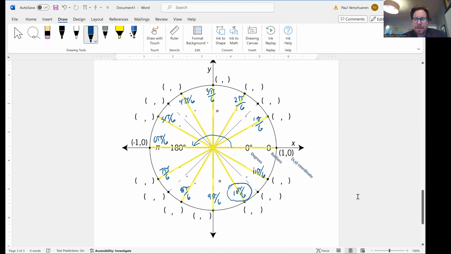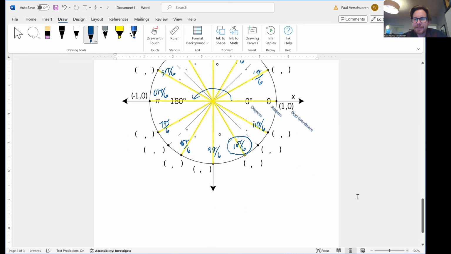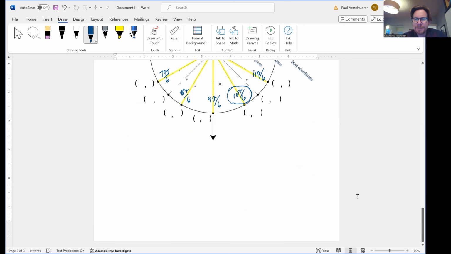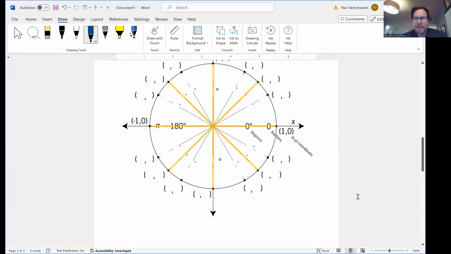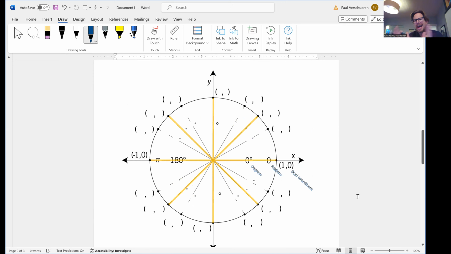Okay. You'll notice we skipped over some of the angles, and that's part of the reason why this gets confusing: they're not equally spaced. It jumps by 30, then jumps by 15, then jumps by 15, then jumps by 30. But another way we could divide the circle up is to split it into 8 parts, where we take the 180 degrees and divide it by 4, larger slices of pizza.